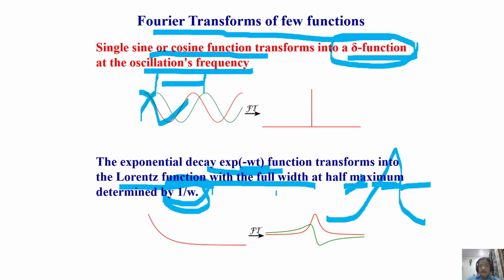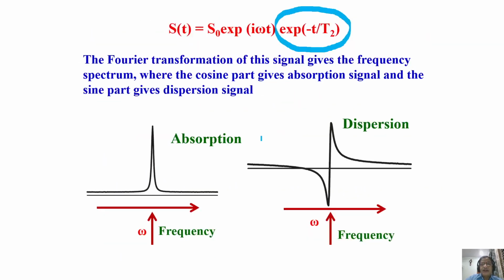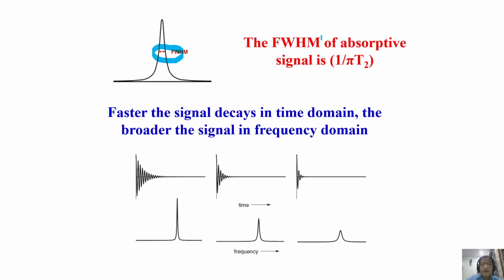It's here: the full width at half maxima is given by the inverse of that frequency. So now we are seeing e to the power of minus t by T2, so we can get the inverse of that line width. If I know the line width, I know the decay constant; this T2 I can get. The full width at half maxima of this absorptive signal is given by 1 over pi T2. So if I know this, I know approximately, or more precisely, what T2 is.